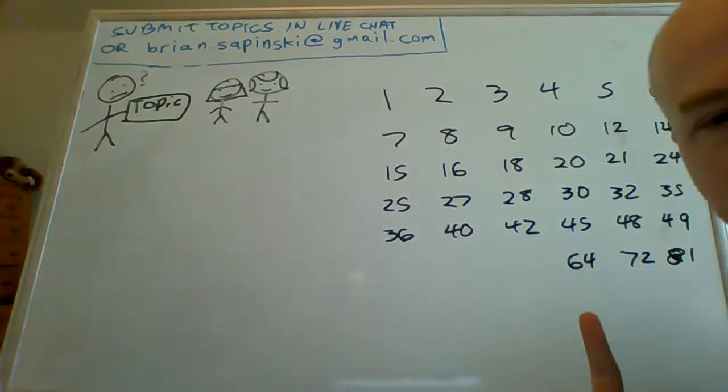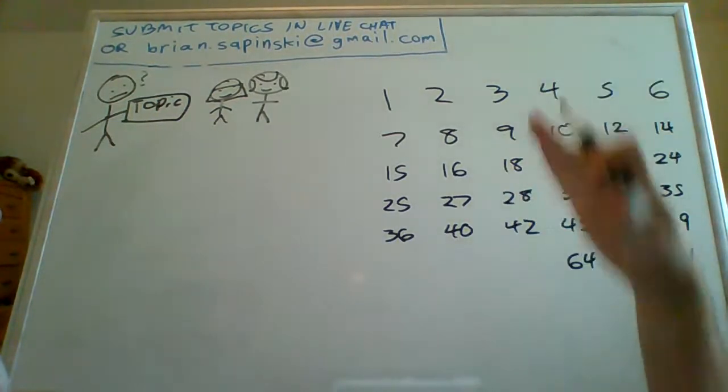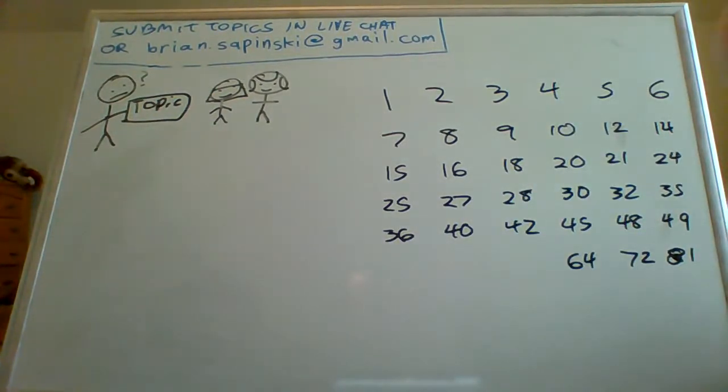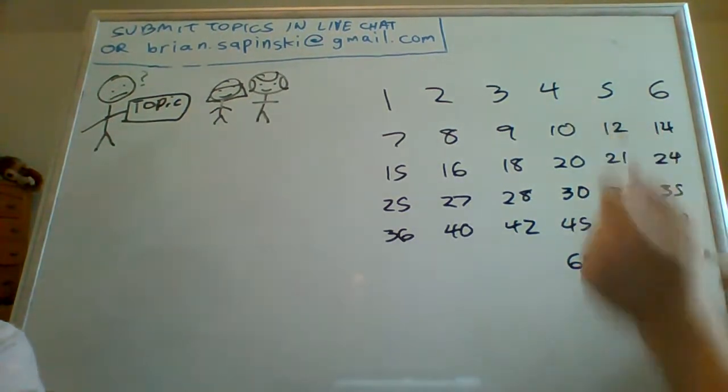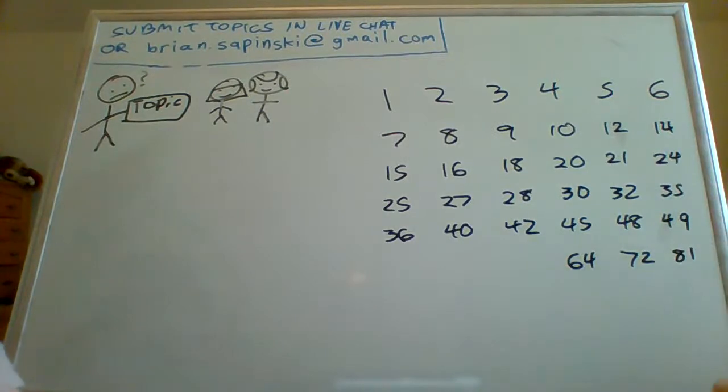I'm trying to set up a 6 by 6 grid that has all the possible products that you could get from 1 times 1 all the way through to 9 times 9. I'm just trying to make sure they're all present because you need all these in order to play this game that we're about to do. And the setup of the numbers obviously has everything in numerical order.